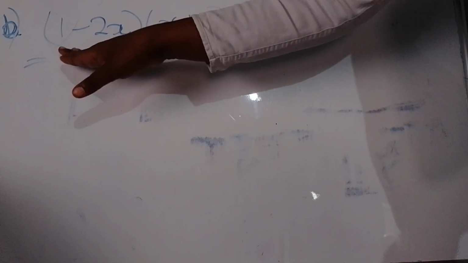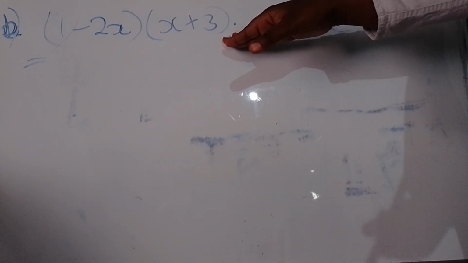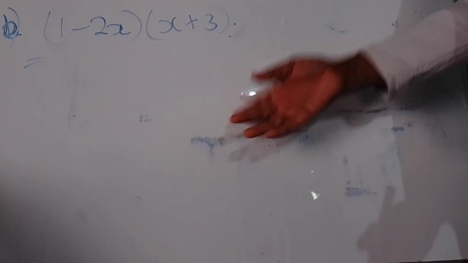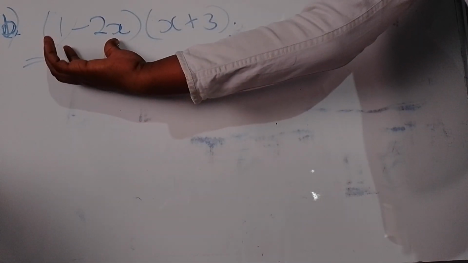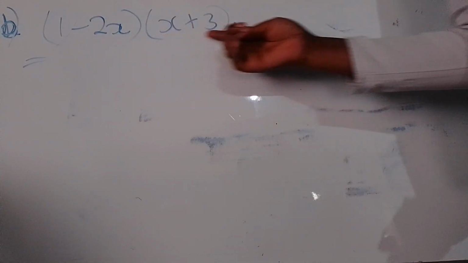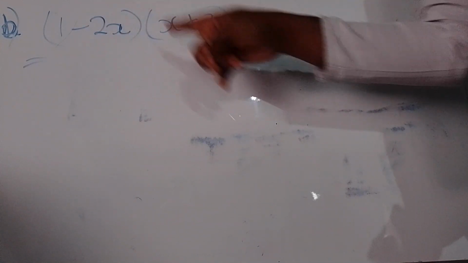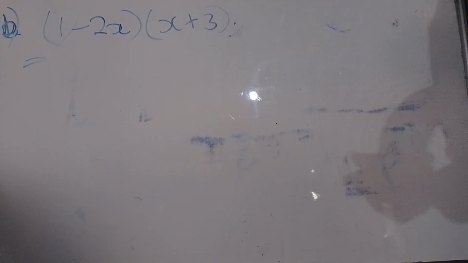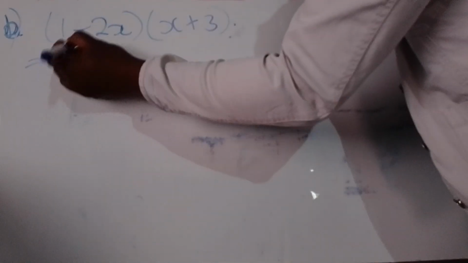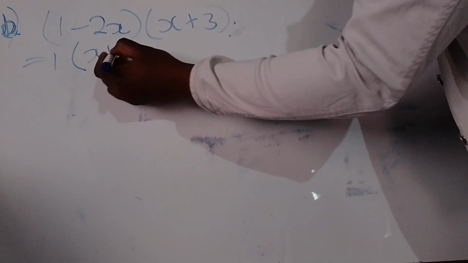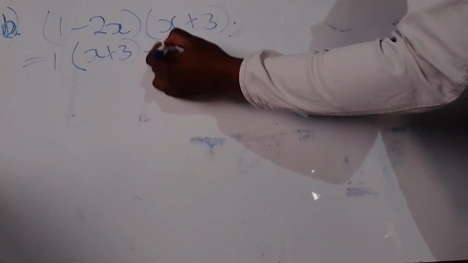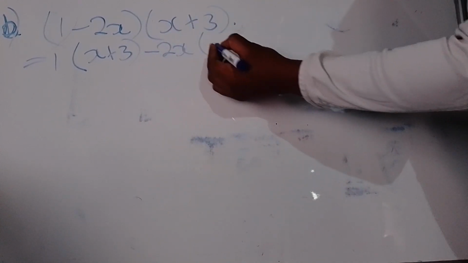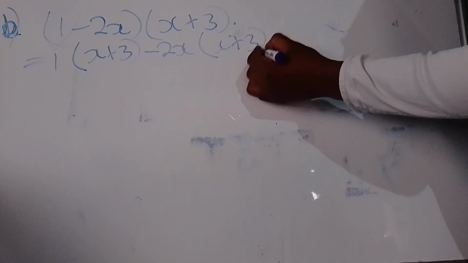So everything in this bracket should multiply everything in that bracket. To do that, we have to break this bracket. 1 should multiply everything there, and minus 2x should also multiply everything there. So we have 1 multiplied by x plus 3, then minus 2x also multiplying x plus 3.